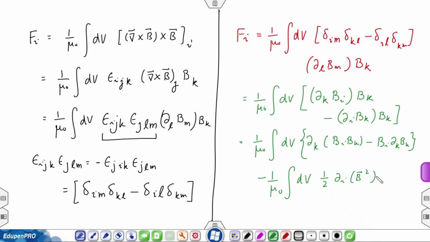B_k B_k will give you B vector square, and 1 half comes because this is a square.